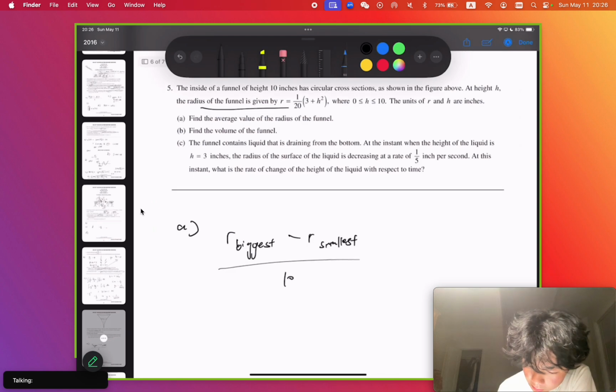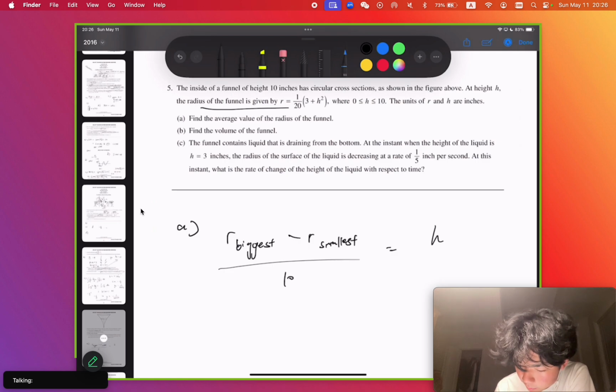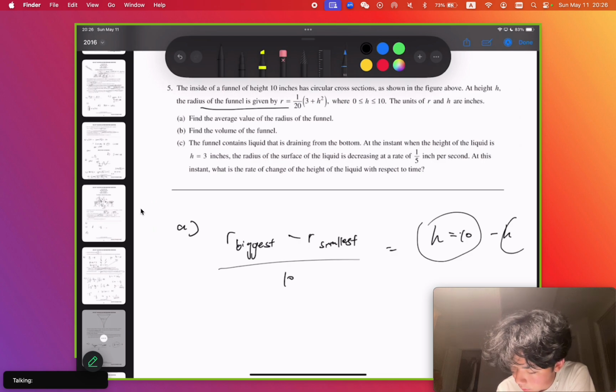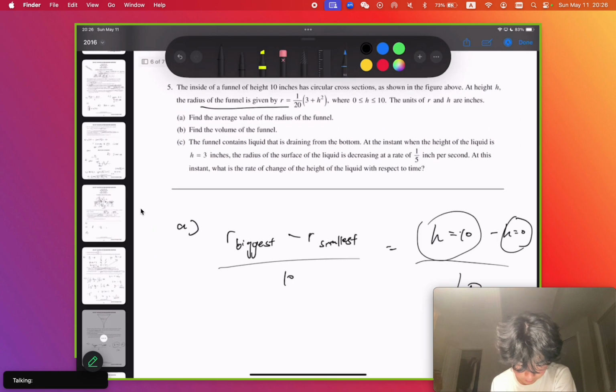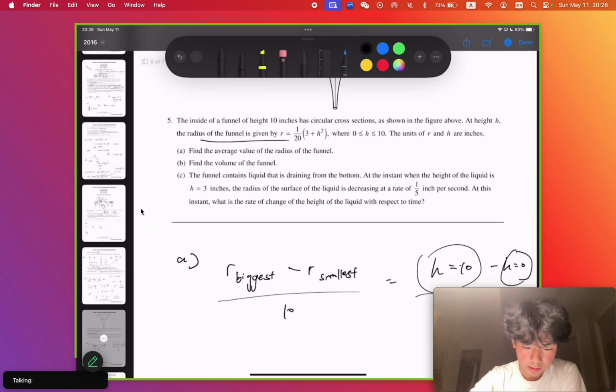So when r is at the biggest, it's when h equals 10, minus when h equals 0. Plug that back in, calculate the average value. I think that gets you the right answer. Let's check.